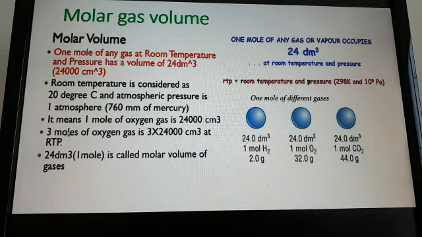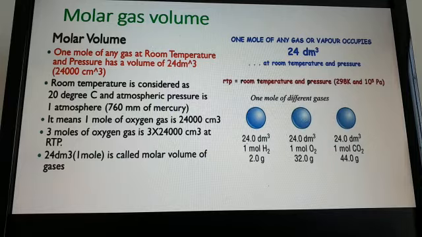So 1 mole of oxygen gas has a volume of 24,000 cm³, or for 3 moles of oxygen gas, multiply by 3, at RTP. So 24 dm³ for 1 mole is called the molar volume of gases.